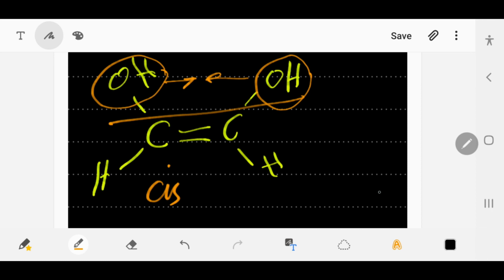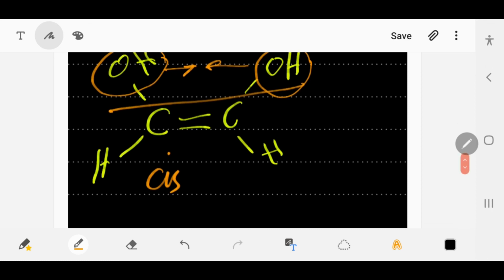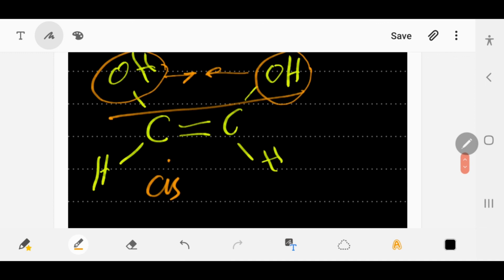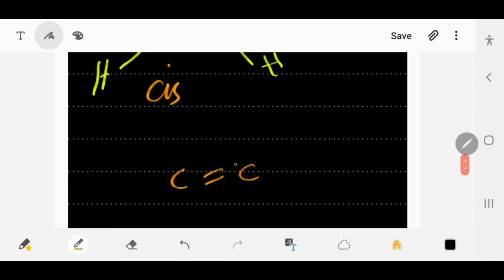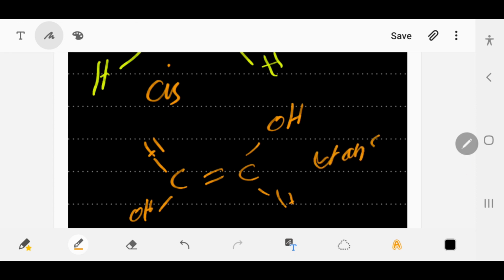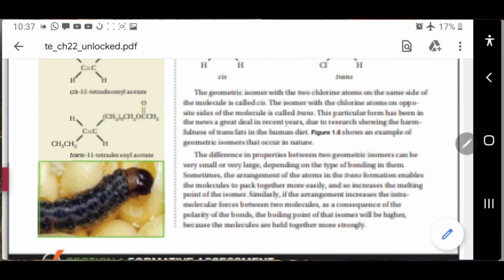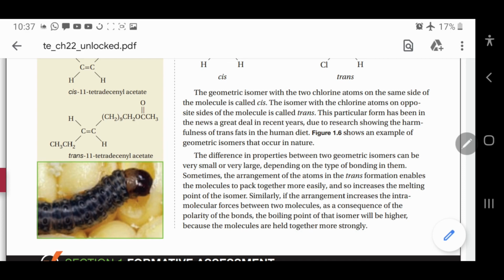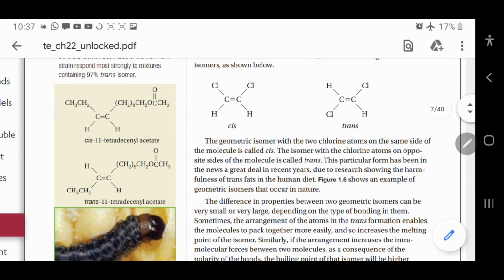While if we have C, OH and the OH is here, this is the trans isomer, because the arrangement in 3 dimensions is different. They are not located at the same level. This section is just an introduction to the main concepts.